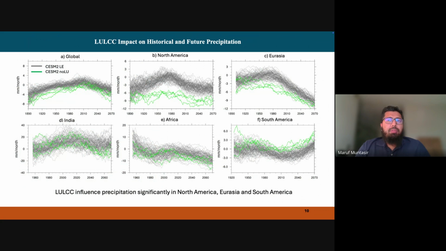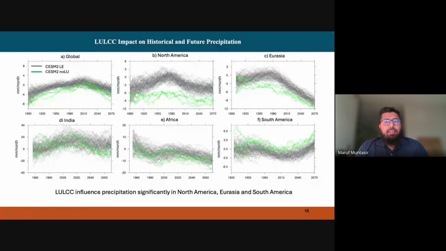So this figure shows the time series of historical and future precipitation for both CSM2 LE and no LU. Time series also show that LULC influenced precipitation significantly in North America, Eurasia, and South America. If we look at the North America time series, we can see that there is no change of precipitation in the no LU runs from 1890 to 2170.